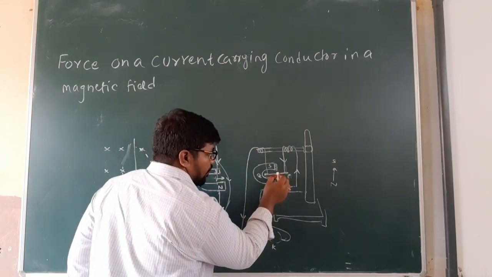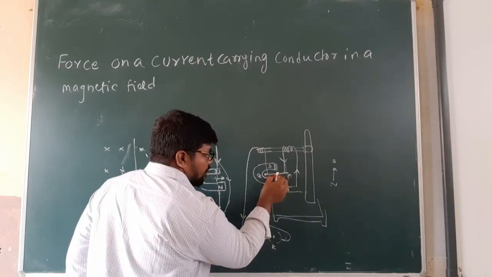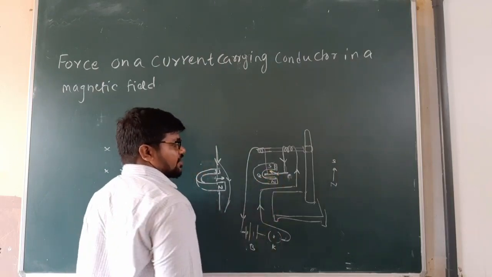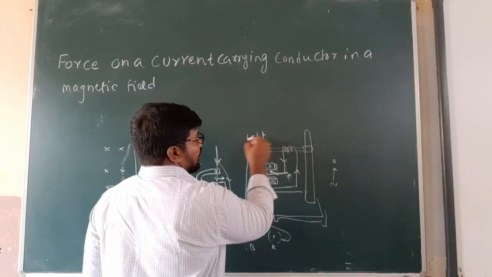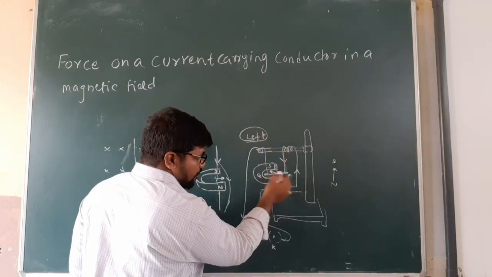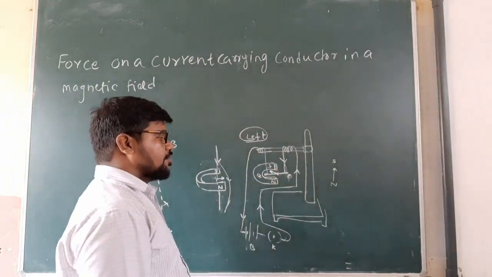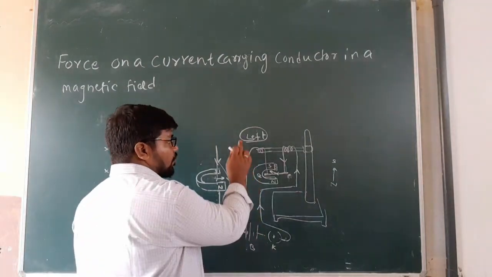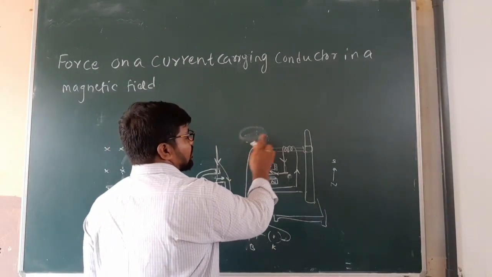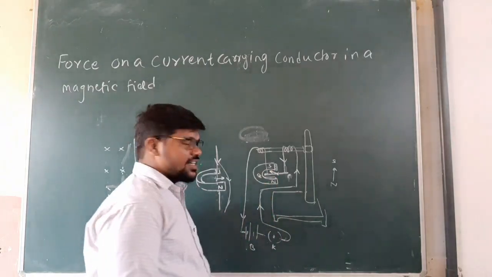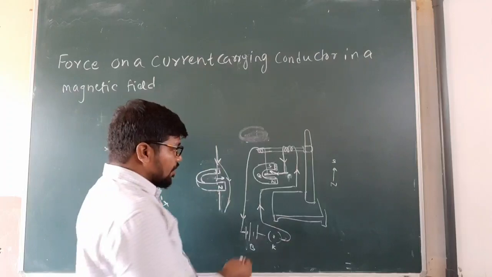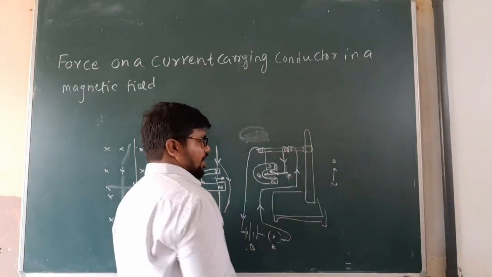Now the rod moves in the leftward direction. Suppose the direction of the current changes, then the rod moves in the rightward direction.